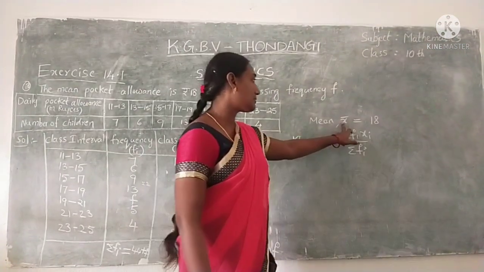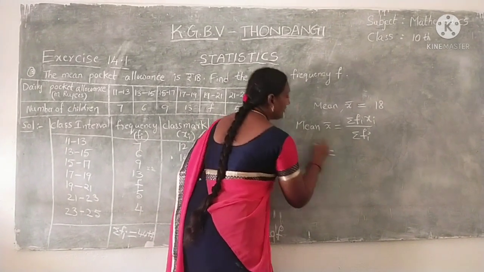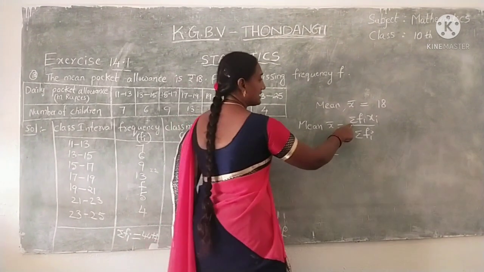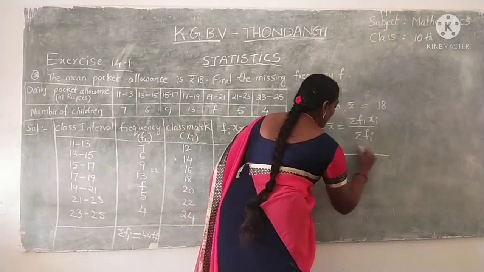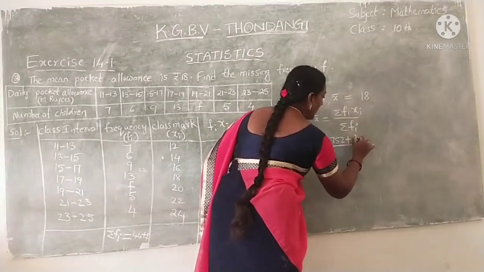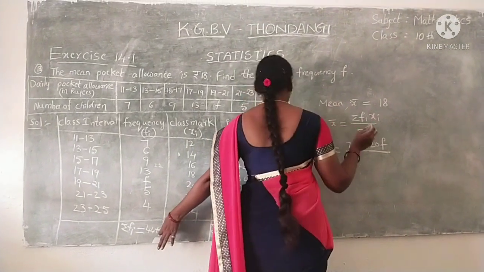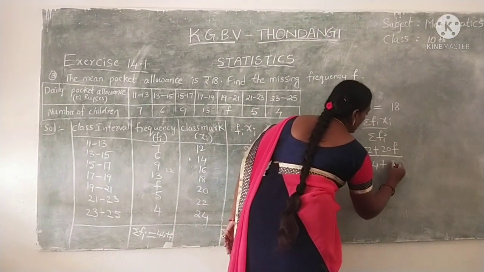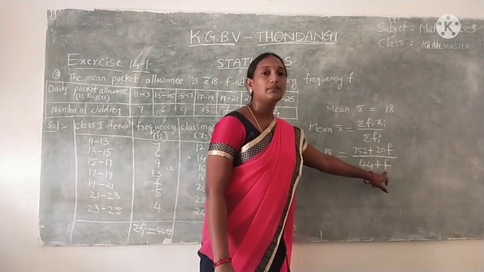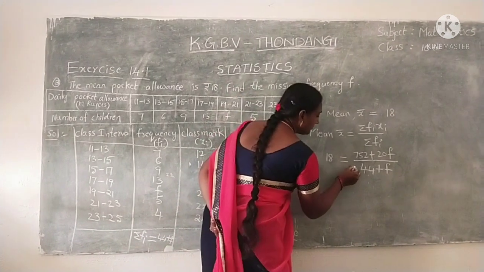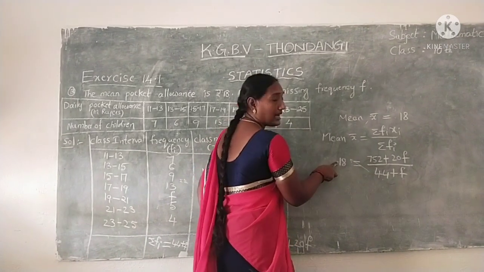We have x bar, the mean value, as 18, so substitute 18 in place of the mean. Substitute sigma fi xi as 752 plus 20f, and sigma fi as 44 plus f. To find the value of the frequency f, here we can do the cross multiplication.